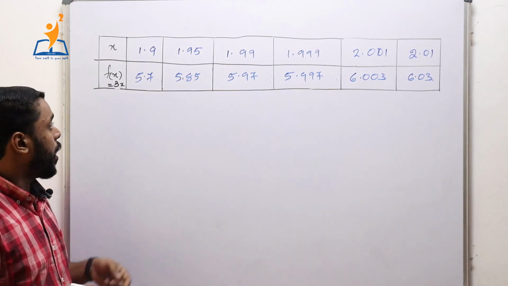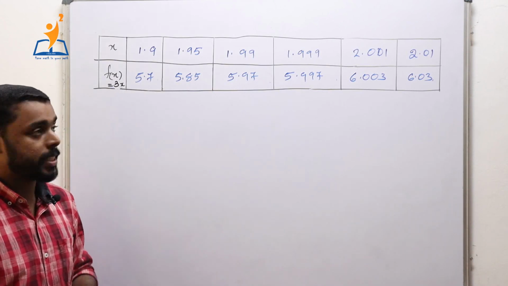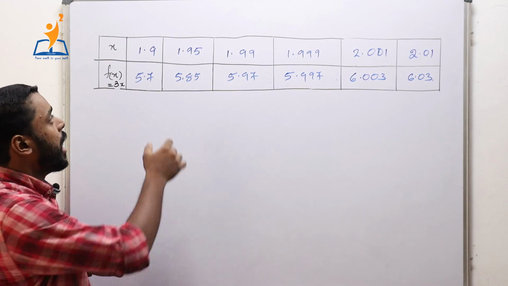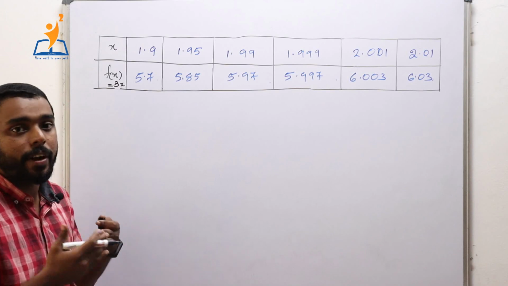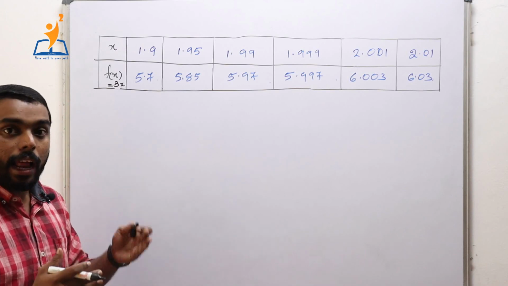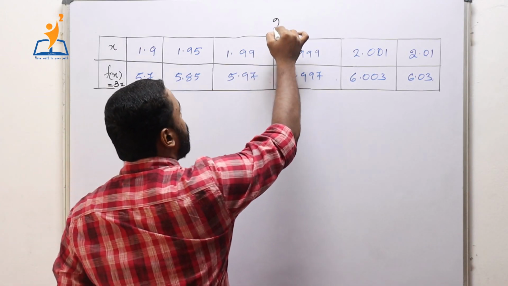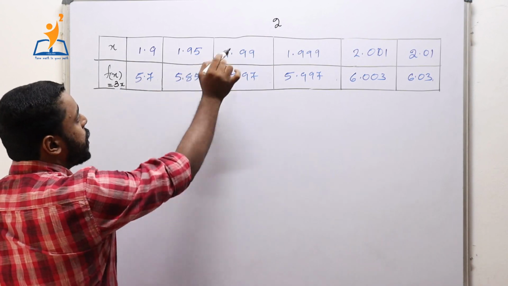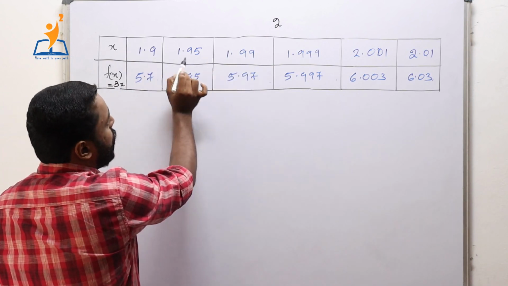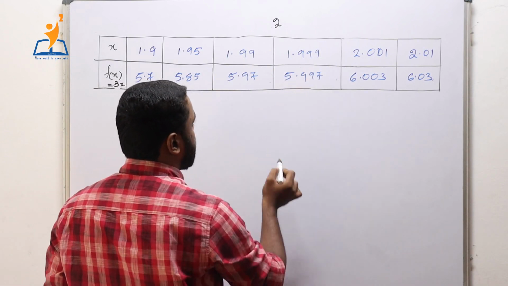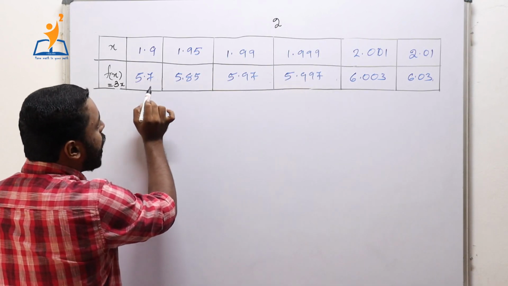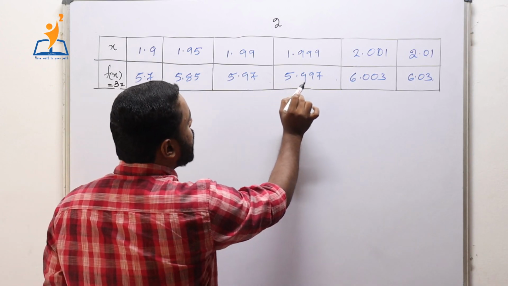Here we chose the function as f of x equal to 3x. Now as usual we are going to move to the point 2. We are intending to find the limit of the function f of x at the point 2. As usual we are approaching the point 2 from the left side, 1.9, 1.95, 1.99, 1.999, etc. Hence we can see that the output values are approaching 6.